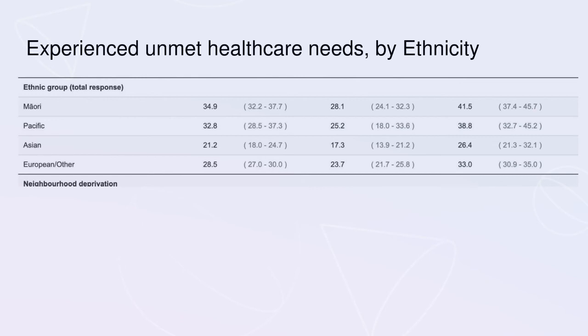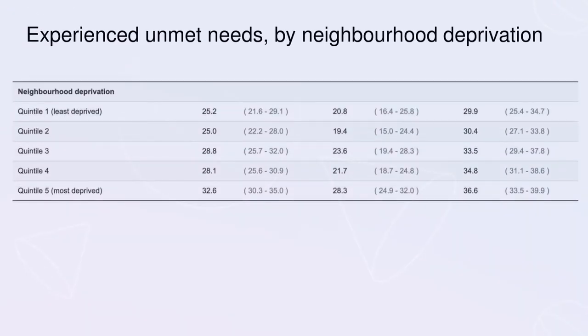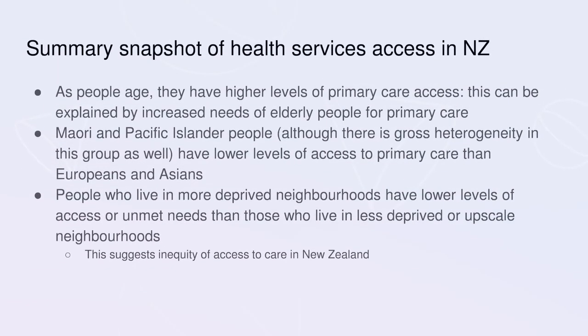So in summary, what we are seeing from these data sets, the other thing is that if you take a look at the neighborhood deprivation, you can see that the results are not unsurprising. The poorer people are, the more likely they are to experience unmet needs. So these tell us a story. And that story is this: as people age, they have higher levels of primary care access.